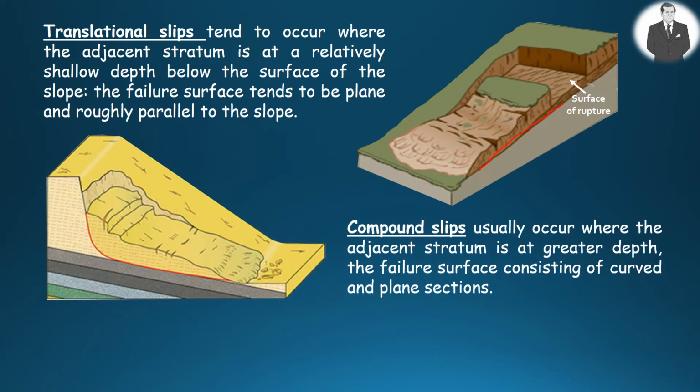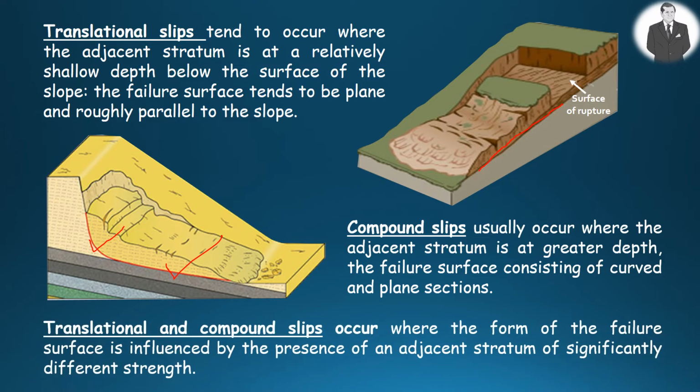Compound slips mostly take place where the neighboring stratum is at a greater depth. The failure surface in that case consists of curved and plane sections, as you see in the figure here.